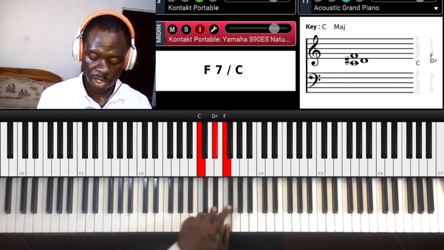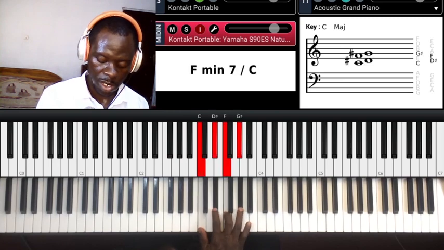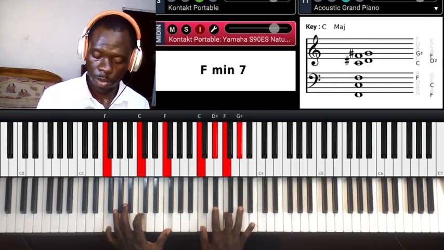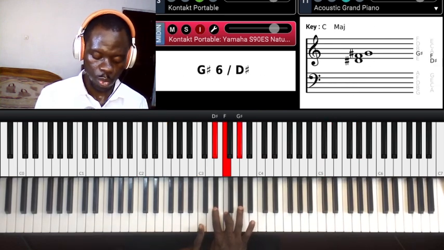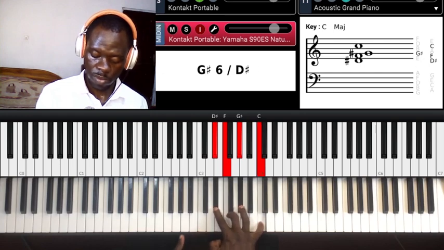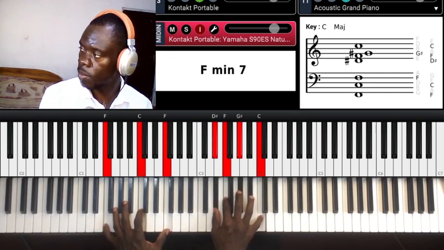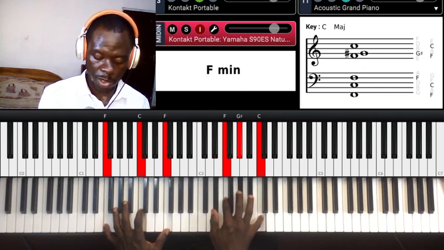So we will now move this one here, and then now this one will move. And then the last one, yeah.